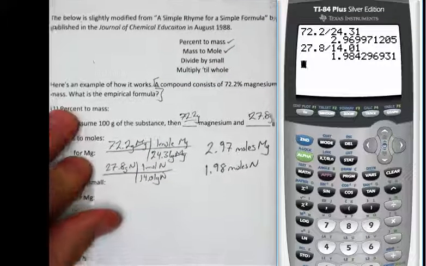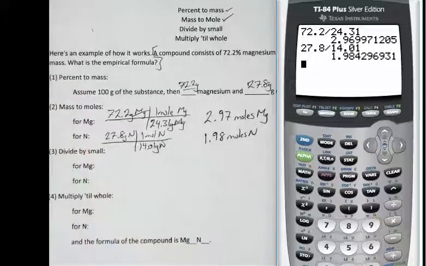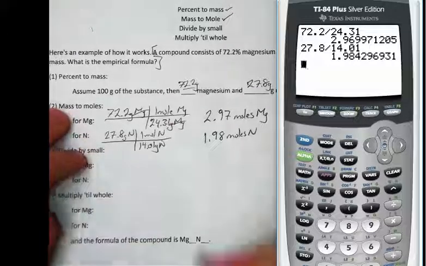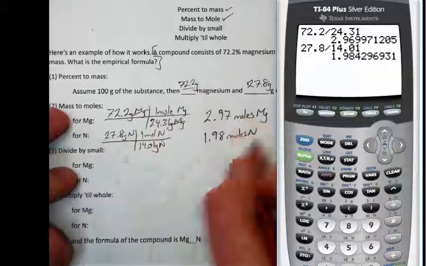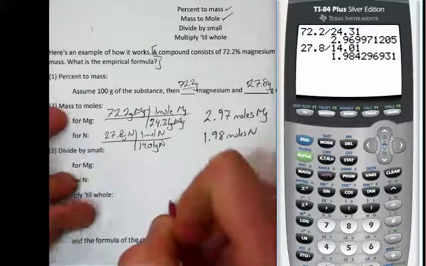Now we're going to tease apart divide by small. Again, I said the reason we convert to moles is so that we can compare these two. Now that we can compare these two, we can determine the molar ratio in which these combine. In order to do that, we're going to choose the smallest amount, which is nitrogen, 1.98 moles of nitrogen. We're going to divide each of these by the 1.98.